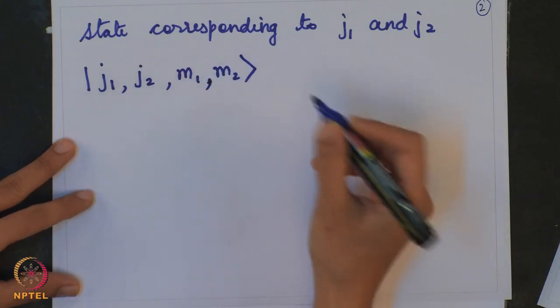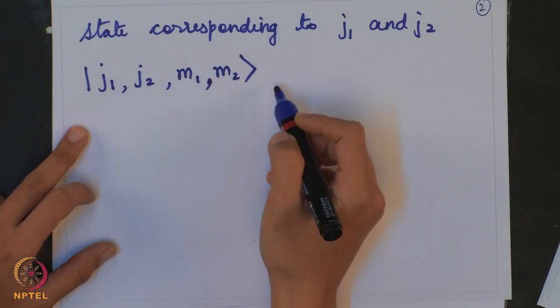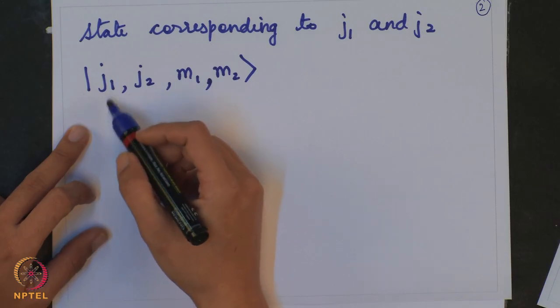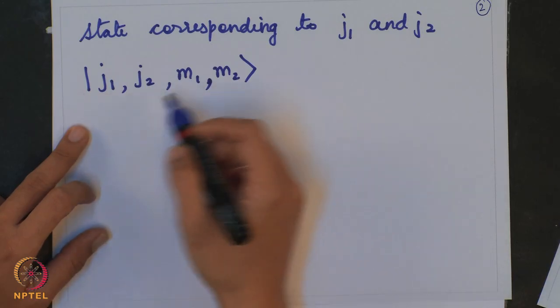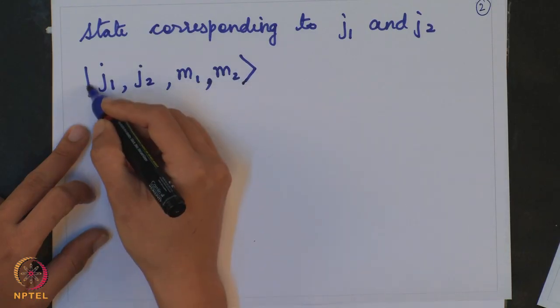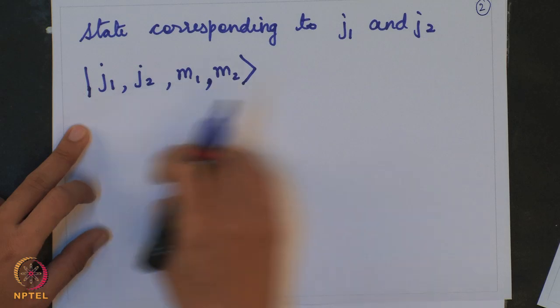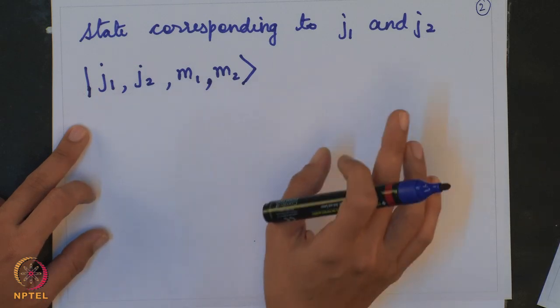Please note that there are various ways of representing these states. Sometimes people write it as J1, M1, J2, M2. The order is not so important, but whatever order you are writing, you have to stick to it.